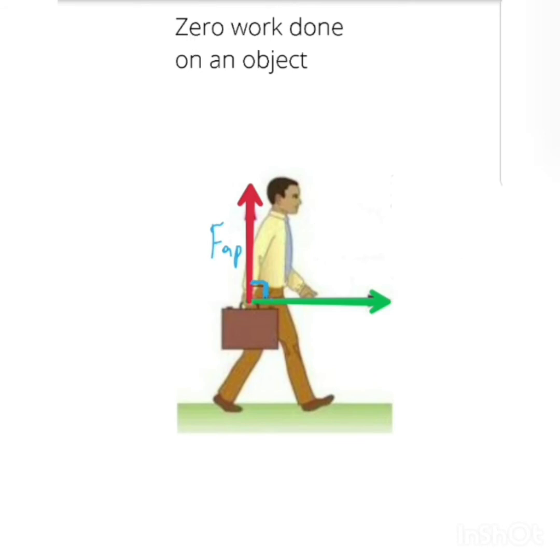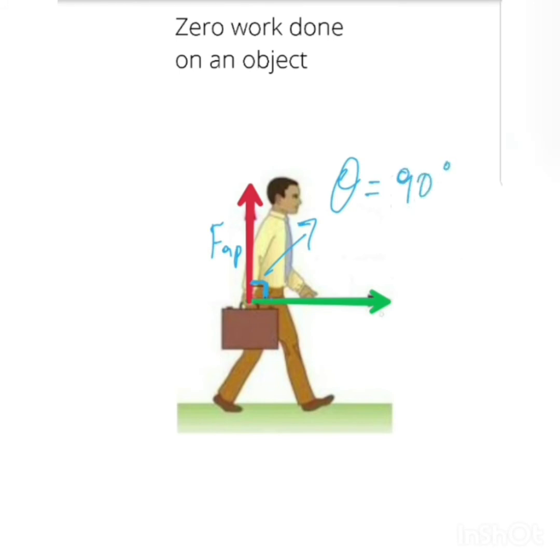Why is that the case? Now remember, from mathematics, whenever we say two lines are perpendicular to each other, it implies that they're at an angle of 90 degrees to each other.